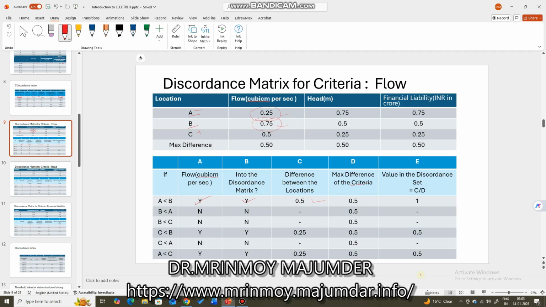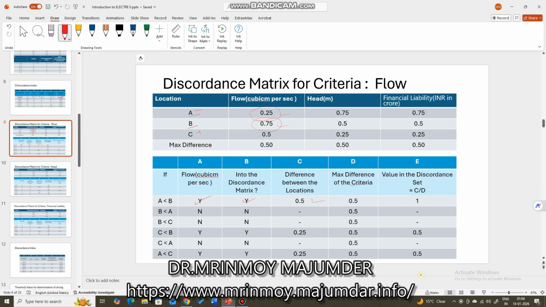Ultimately we have to divide the difference between the locations value by the maximum difference within the criteria value.